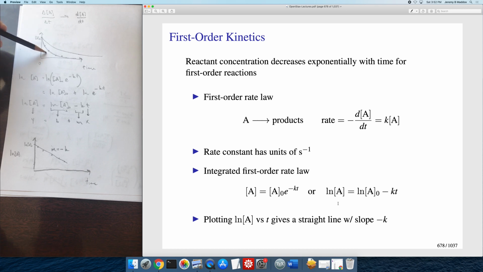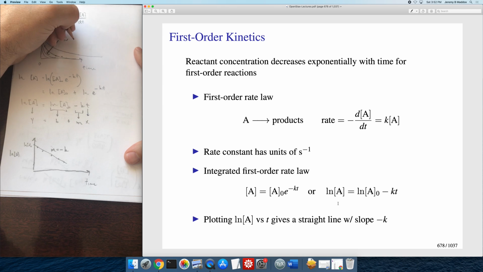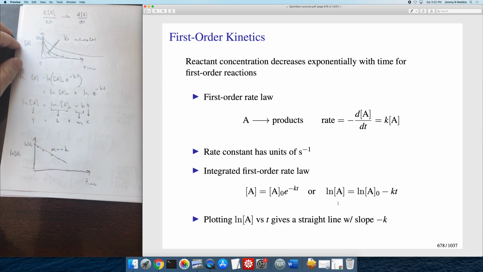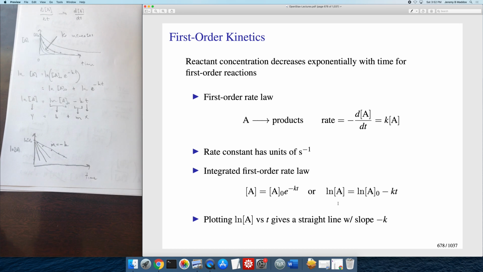The larger the rate constant, the faster the decay. So this would be a medium-sized rate constant. Here would be a really large rate constant, and larger still. So as you go this direction, k increases, and you would have increasing slopes in the linear plot.